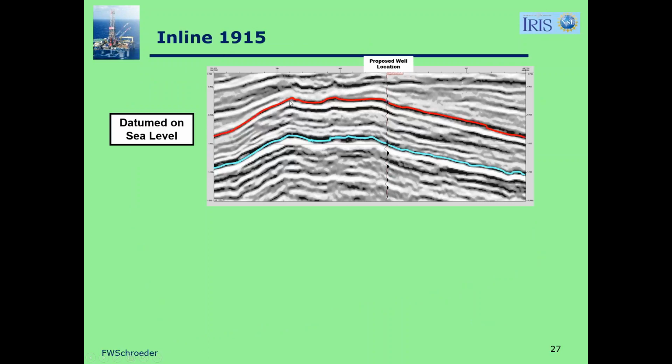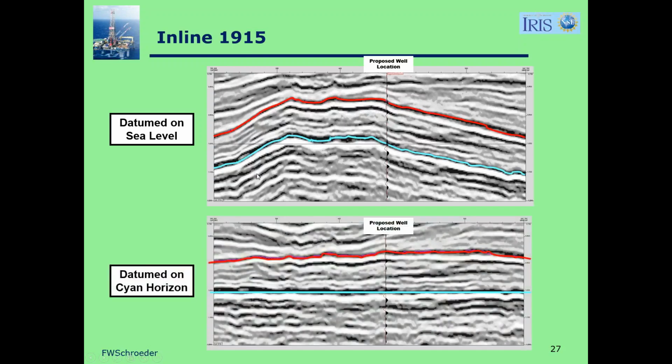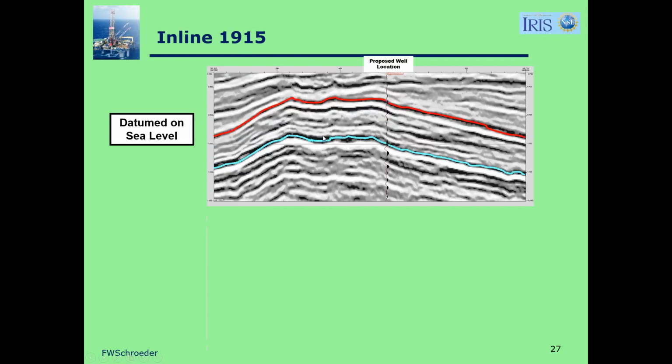The red is the top of the Latrobe unconformity, which is equivalent to the top of my reservoir. The cyan is the base of the reservoir interval. What I've done, I've hit the click button a little too soon. I'm going to redraw this, and I'm going to flatten it so that this cyan horizon is horizontal.